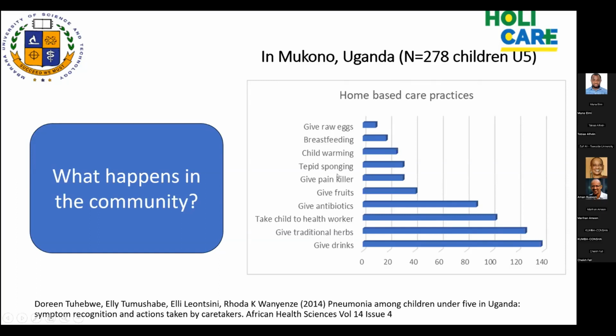You can see the range of responses, a lot of things not necessarily very helpful, ranging from traditional herbs, which is really very common, to all forms of drinks that a child might take.